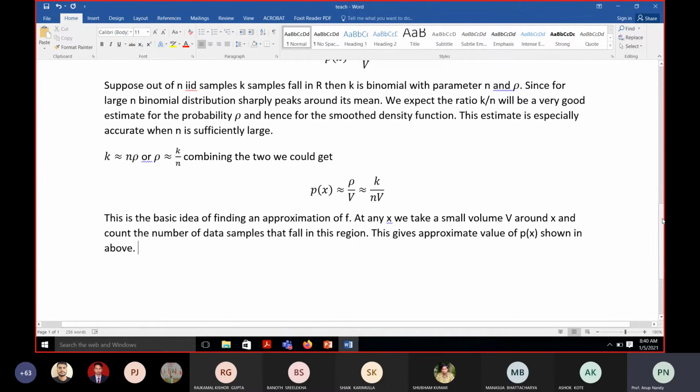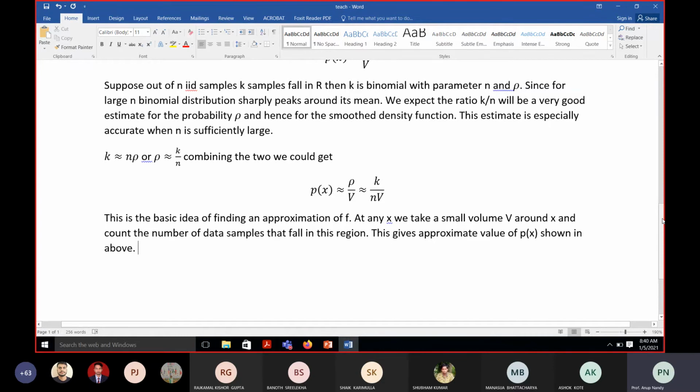This is a histogram of bins and data points. If all the data points that we consider fall in this region, then you can derive that this gives the approximation value of p(x). Okay, so now another question: how do you choose the volume V?